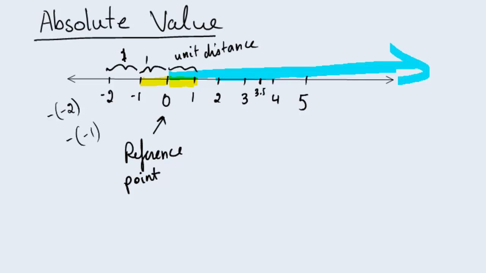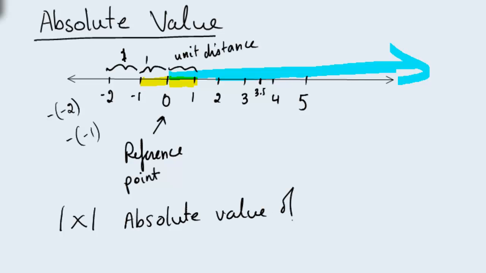Now I know that I'm going to be using the idea of distance over and over in the future, so let me give it some notation so I don't have to go through all of this again. Alright, let's see. We're going to use 2 vertical bars with a number in the middle to represent what is called absolute value of a number.